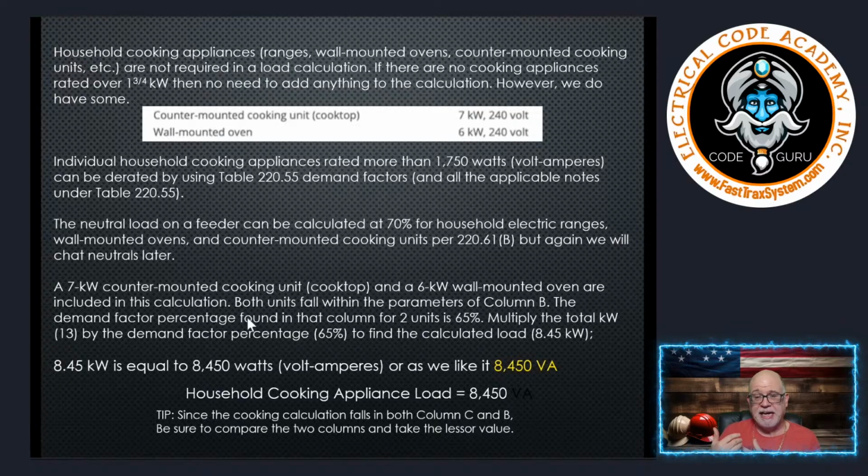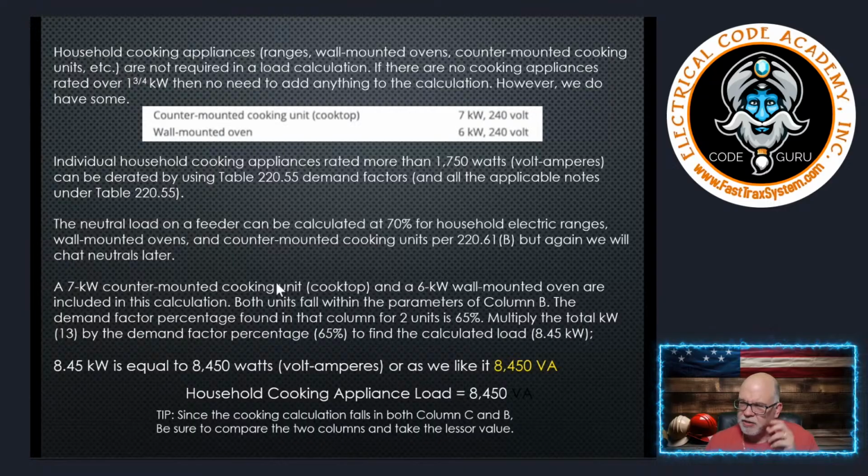In the first part, I break down not only the branch circuit application for ranges, but also the loading and how to deal with ranges of different sizes, how to use the different columns, column A, column B, column C in 220.55. It's a great detailed video, so I encourage you to go watch that over on fasttrackstube.com. If you haven't watched it yet, it's a must watch.